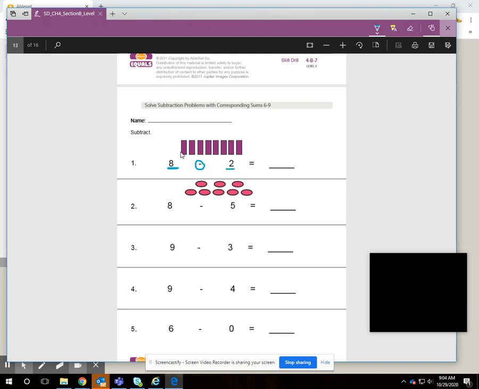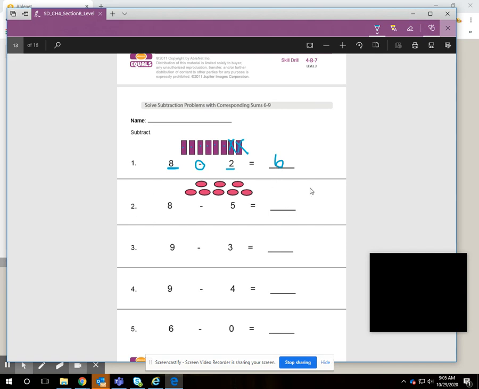So we started with 8 of these rectangles. 1, 2, 3, 4, 5, 6, 7, 8. And we're going to take away 2. So I'm going to cross off 2 of those. How many will be left? Let's count. 1, 2, 3, 4, 5, 6. So my answer is 6.